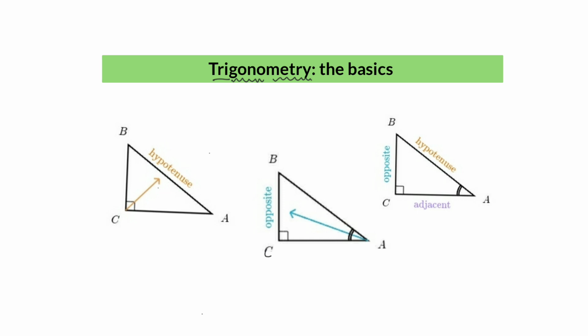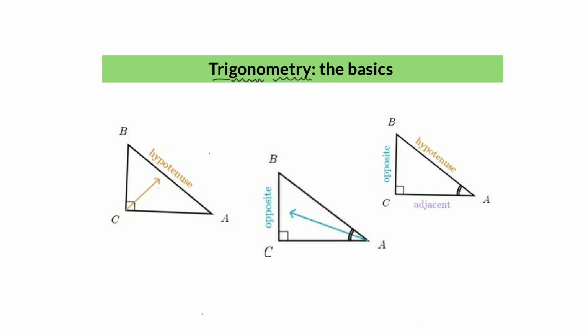If you stand at one of the two other angles, which are not 90, let's say A, you standing here at A, and you look across to the side opposite, it's called the opposite side. The third side is the one between the angle where you are positioned, which is at this stage A, and the 90 degree angle. That's the adjacent side. So adjacent is always between the 90 degree angle and the angle from which you are working.